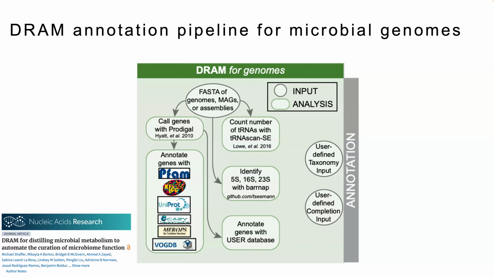It uses Pfam, KEGG, UniProt, CAZy, MEROPS, and VOGDB. It can also input other types of data, which I'll talk about in a second. In terms of quality, it can count the number of tRNAs using tRNAscan, and it can identify 5S, 16S, and 23S with Barrnap. It also has the ability to input a user database, as I was talking about.